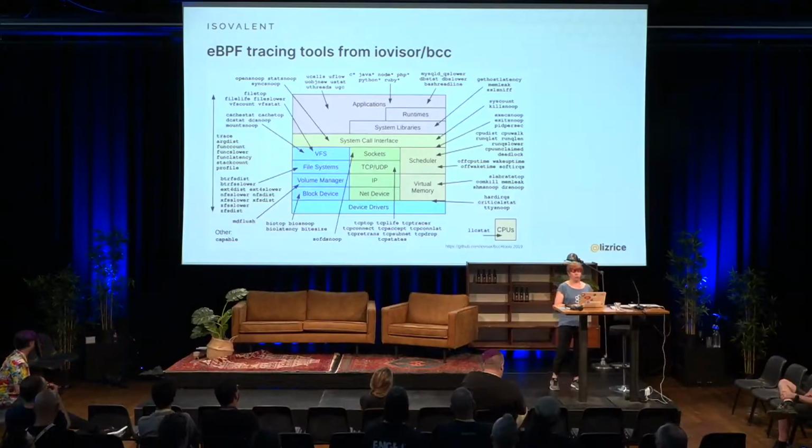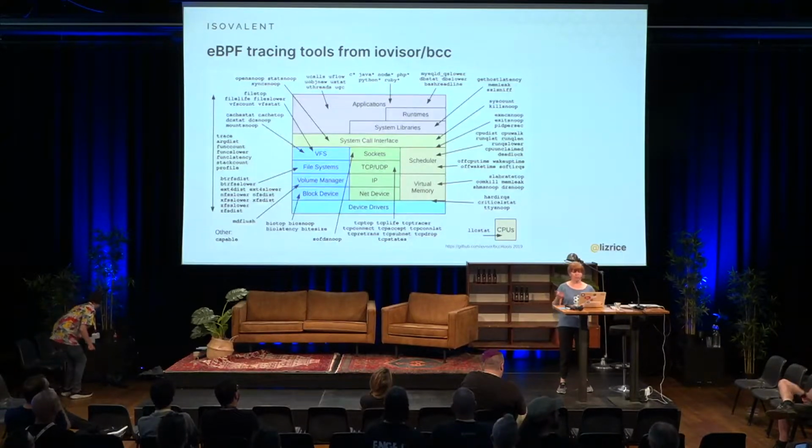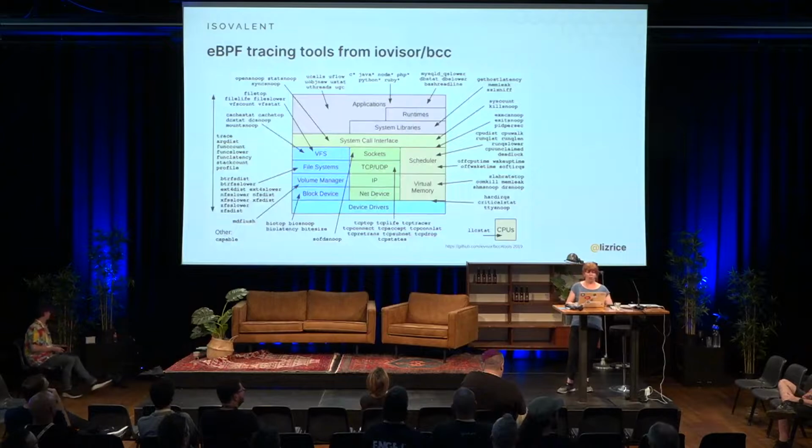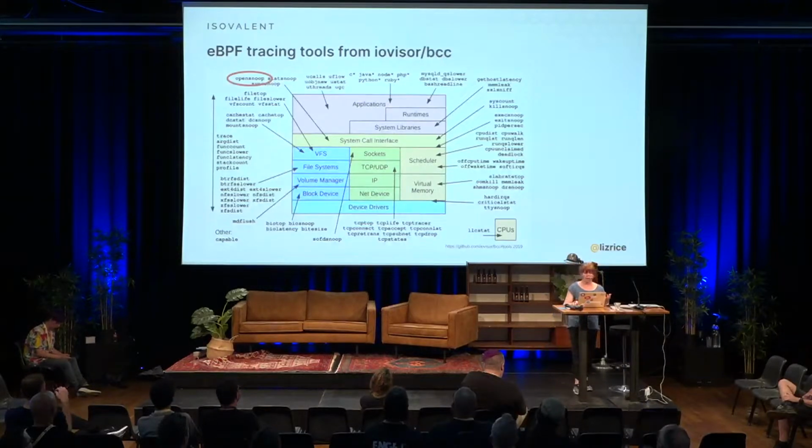So if you want to collect metrics about how your network performance is going, or you want to understand how your file systems are behaving, there's probably a tool that pre-exists in the BCC project to help you gather these metrics. Let's take a look at an example.